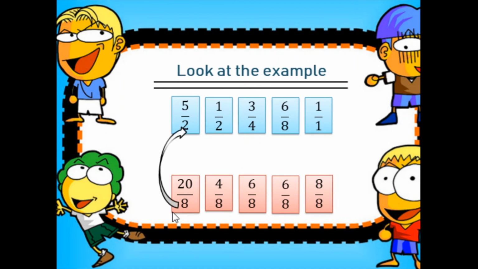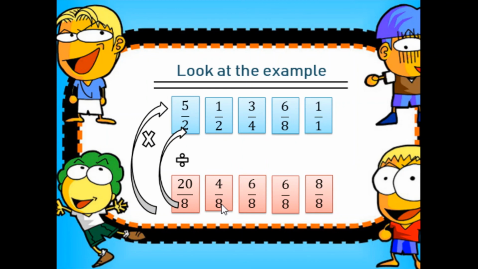It's 8 divided by 2 is 4. Very good. After that, we multiply it to the numerator on top. So, from 8 divided by 2, it's 4. 4 times 5, we get 20.